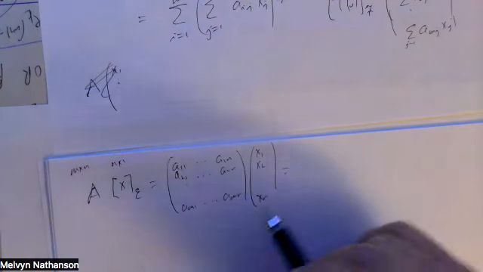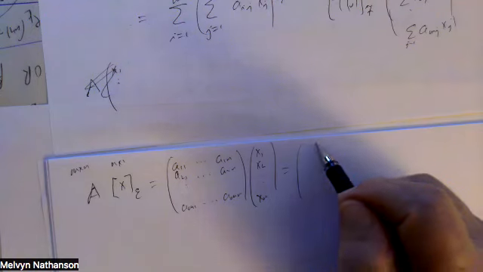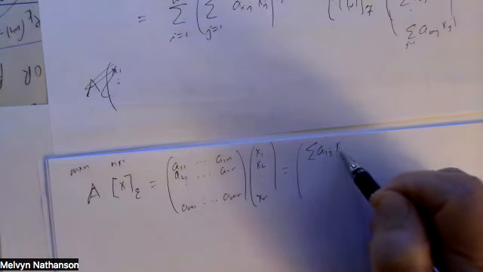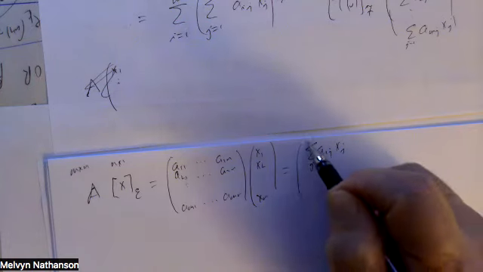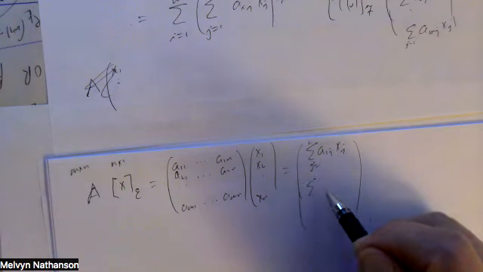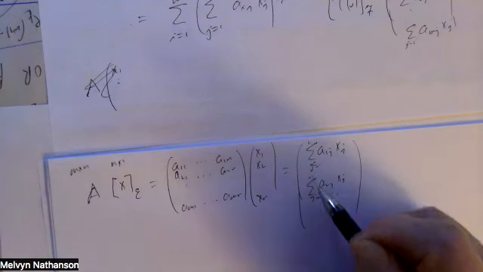And when you perform this matrix multiplication, the first coordinate is summation a1j xj, j goes from 1 up to n. The second coordinate is summation a2j xj, j goes from 1 up to n.